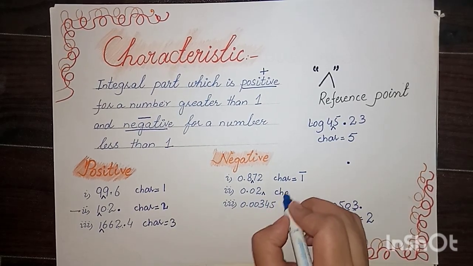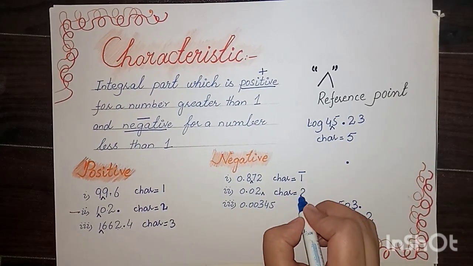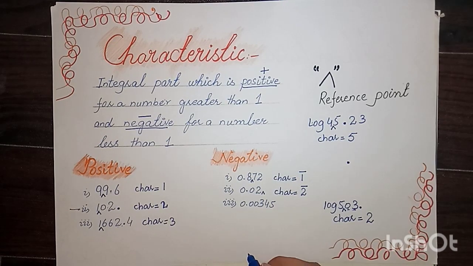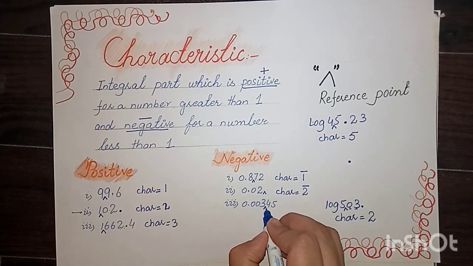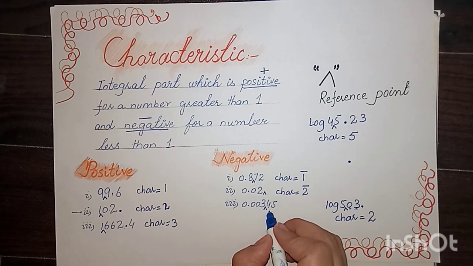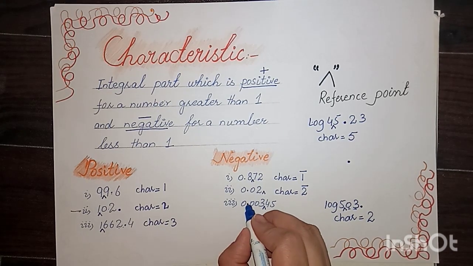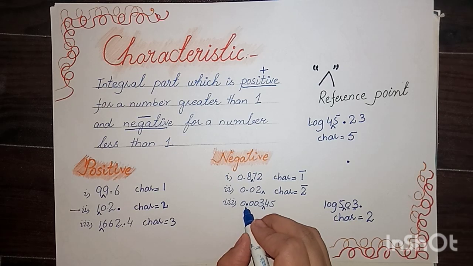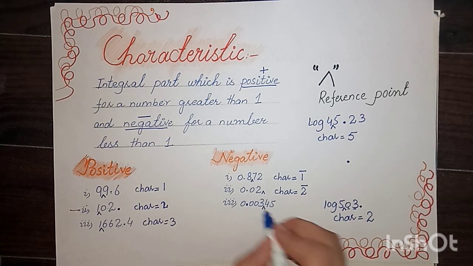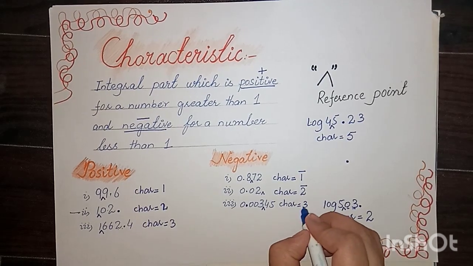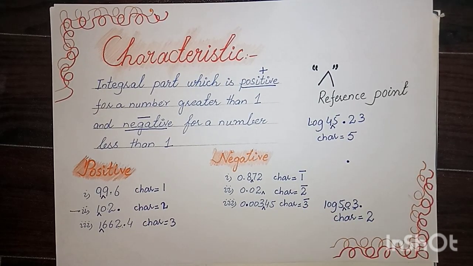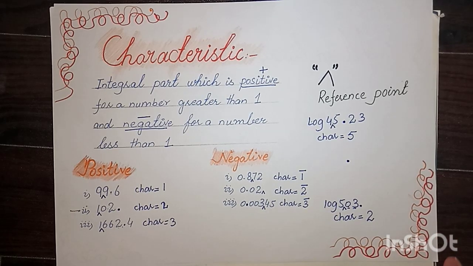So my characteristic is equal to minus 2. And for this number, my first non-zero digit is 3. After 3 I will draw the reference point, and between the reference point and decimal point there are 3 numbers. So my characteristic must be equal to minus 3. I hope you will understand.